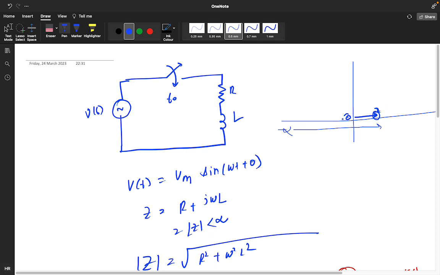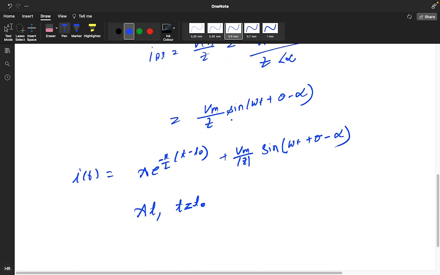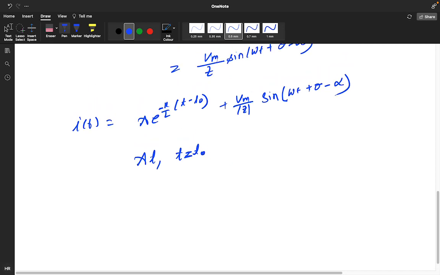So we cannot put 0 because we don't know the conditions before that. At t equals t naught, I of t naught minus will be equal to I of t naught plus, a minute change, the current will remain the same. That's why we have to put t equals t naught.